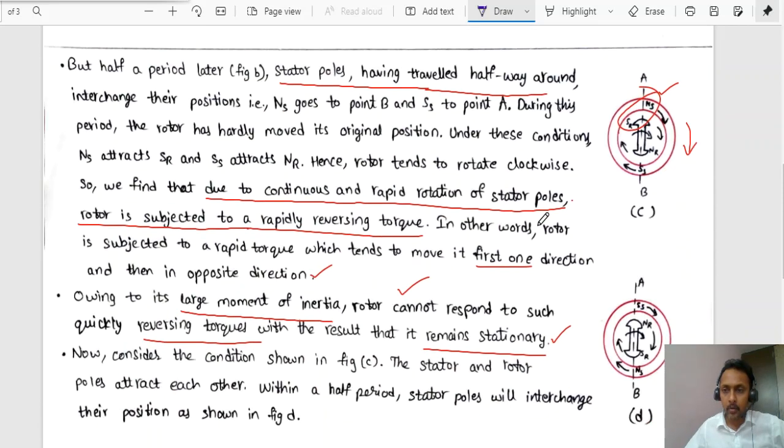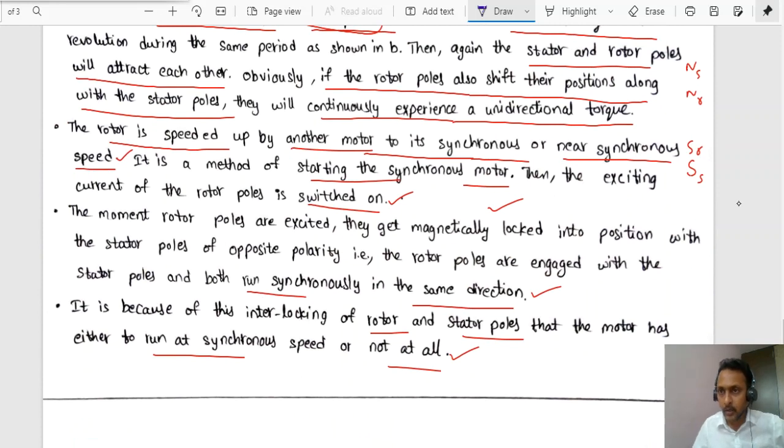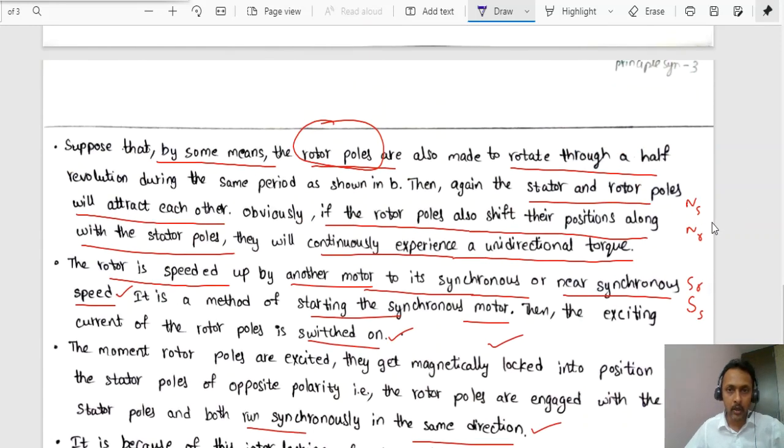So somehow make, at a time, the north pole of stator and north pole of rotor at one position, and the south pole of rotor and south pole of stator at one position. This can be done with the help of some external means, with the help of another motor, which makes the rotor rotate at the synchronous speed, right?